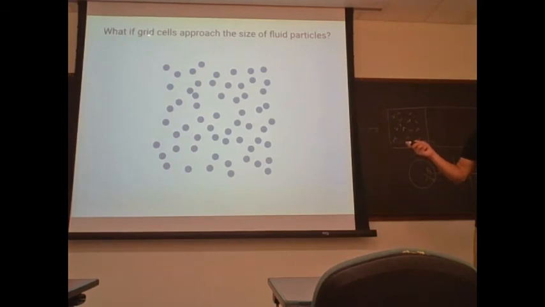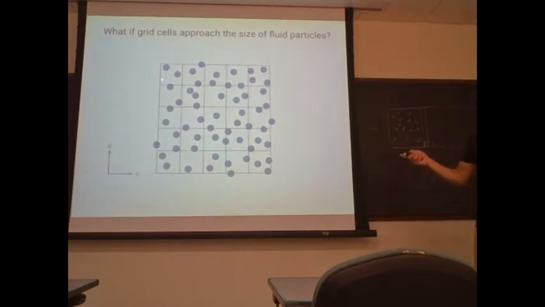The main problem, I think, is that your fluid grid cells are on the order of only a few molecules. So if this is your fluid grid, and these are maybe a monatomic gas, pick your favorite fluid, say we're talking about something on the order of water or argon.